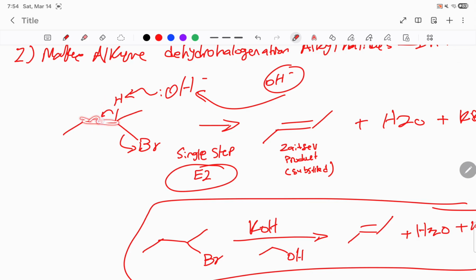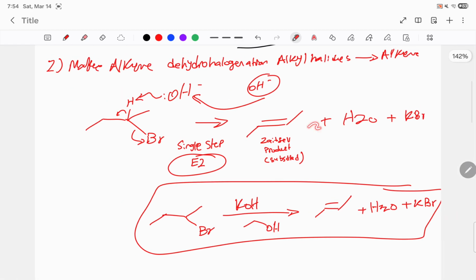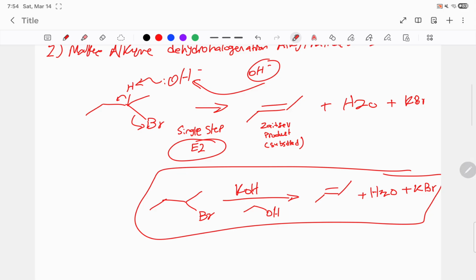So this specific carbon here is the least substituted section, whereas this, of course, is the most substituted. So this specific reaction will generate the Zaitsev product, which gives you that Zaitsev elimination product.